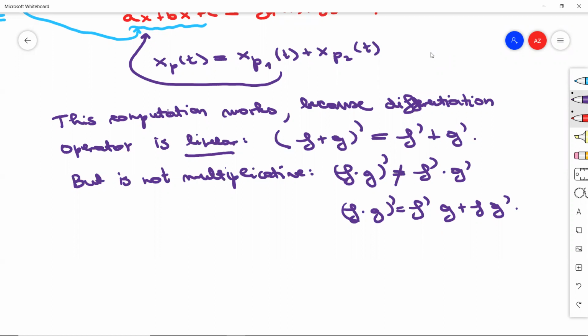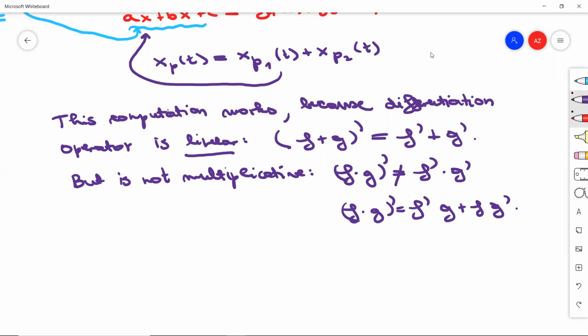How would you try to find a particular solution? Yes, you can find the solution for each of them. So it's enough that we study how to find the solution to one of them, because then we will also know how to find the solution to the sum of them.